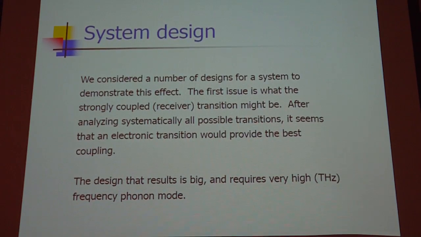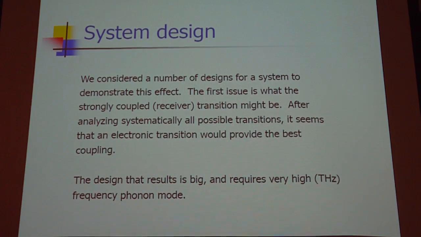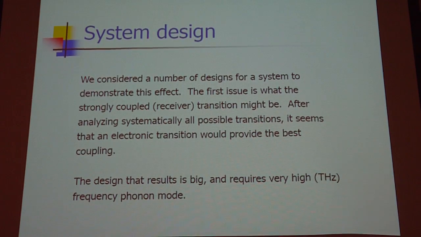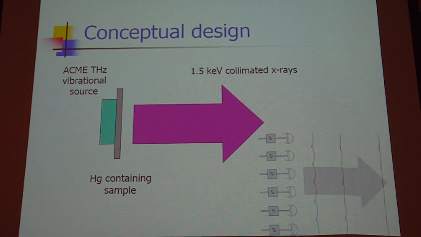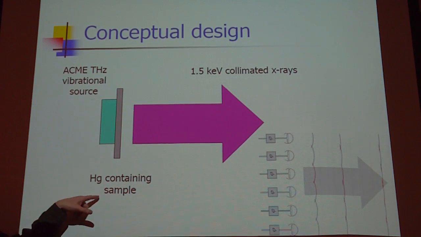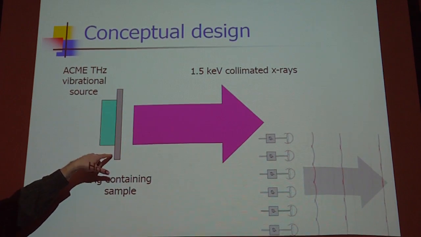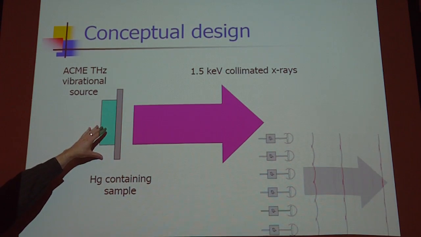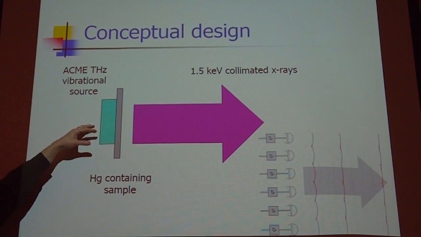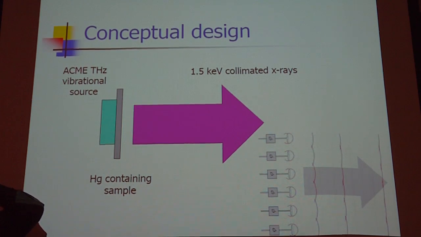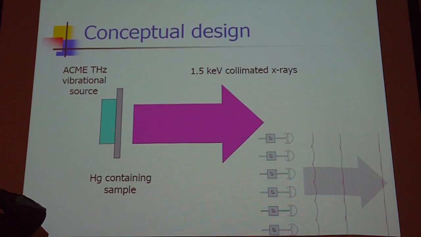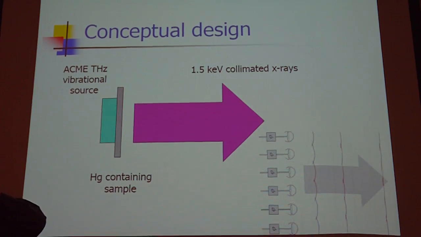So now I'm thinking about the system design. It turns out I tried lots of different designs, and the basic design would say put mercury into a sample, put a vibrational source here. So I have my Acme terahertz vibration source. Most of you who are a little older probably know what the Acme refers to.